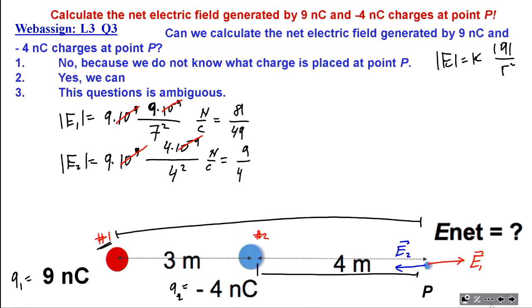Now we have to calculate the x component of the net electric field. So we introduce the x-axis, and the x component of the net electric field will be equal to the magnitude of E1 minus the magnitude of E2, which will be equal to 81 over 49 minus 9 over 4.